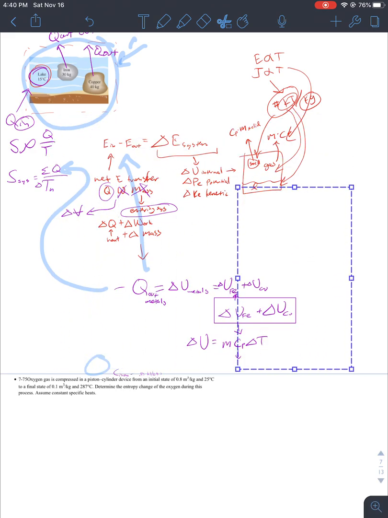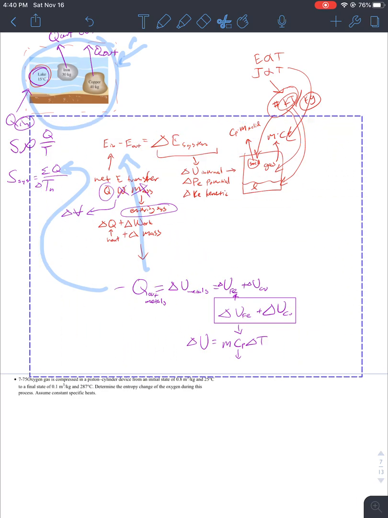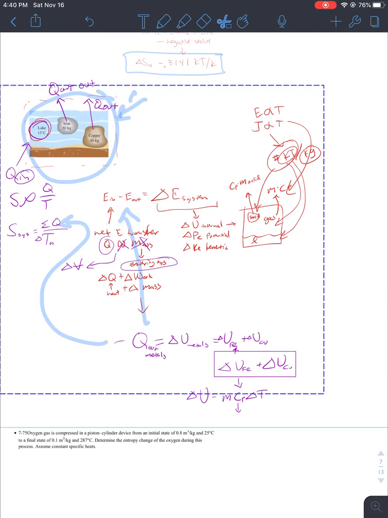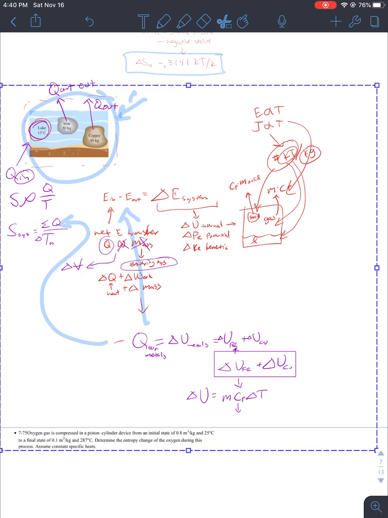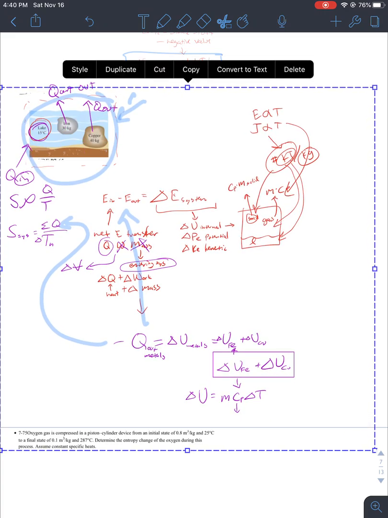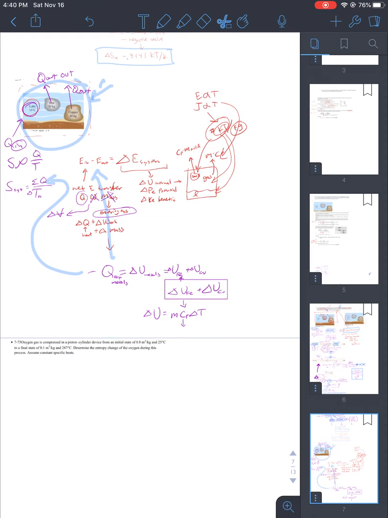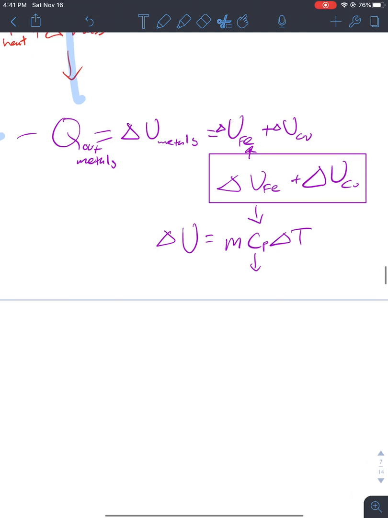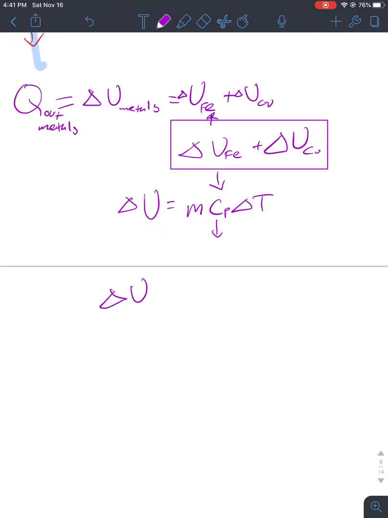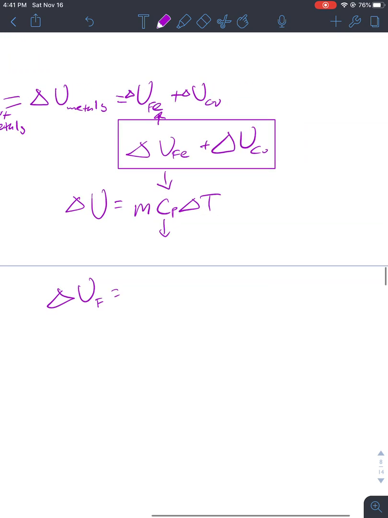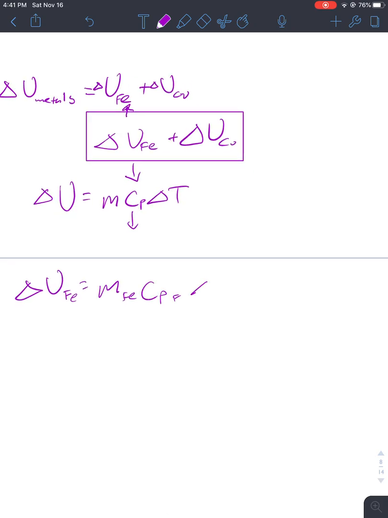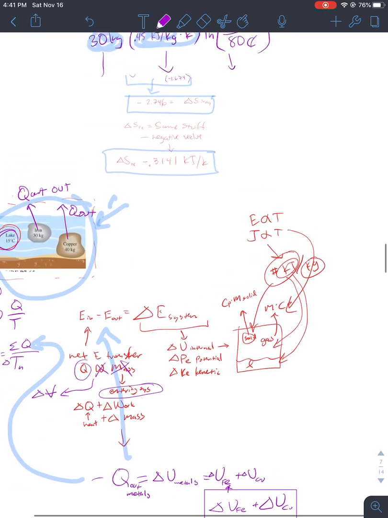Okay, we're not shrinking everything. Okay, so change in internal energy of iron equals m, let's just say F, Cp F delta T. So the change in temperature, get these values again.